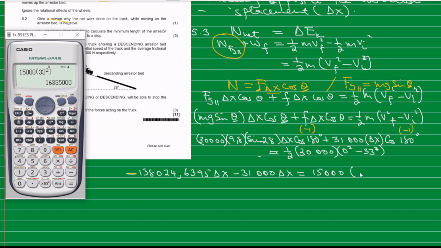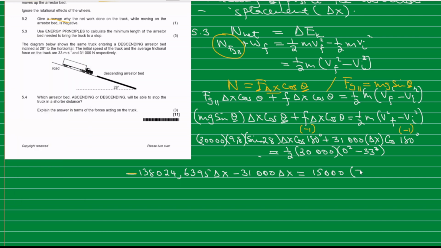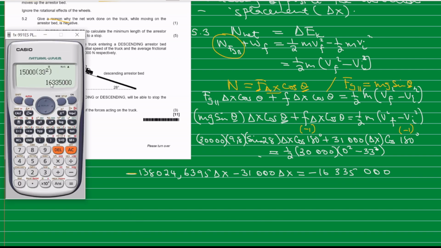So I will just put in the number first, negative 16,335,000. Let's check that it is correct. We entered 16,335,000. Okay, so that is our value.